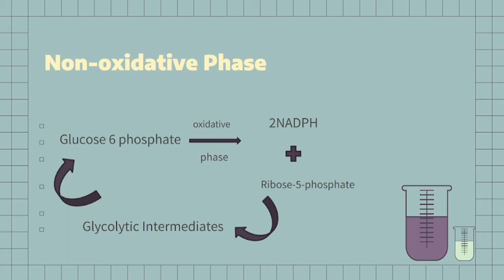On top of that, the non-oxidative phase of the pentose phosphate pathway allows us to ingest ribose sugars into our body, because via this pathway we can break down the ribose sugar into glycolytic intermediates, and then those intermediates can be used via glycolysis to generate high energy ATP molecules. So we see that the link between glycolysis and the pentose phosphate pathway is the non-oxidative phase of the pentose phosphate pathway.